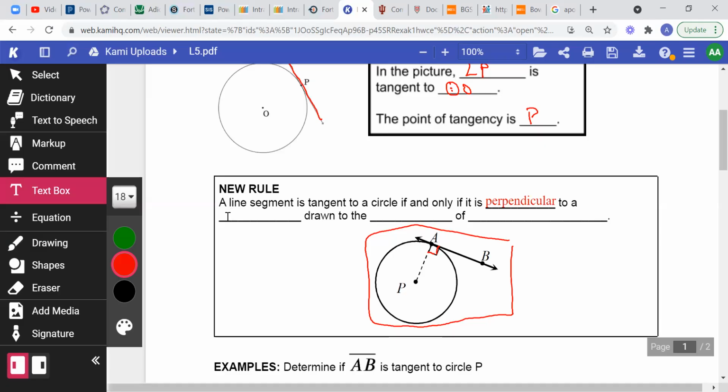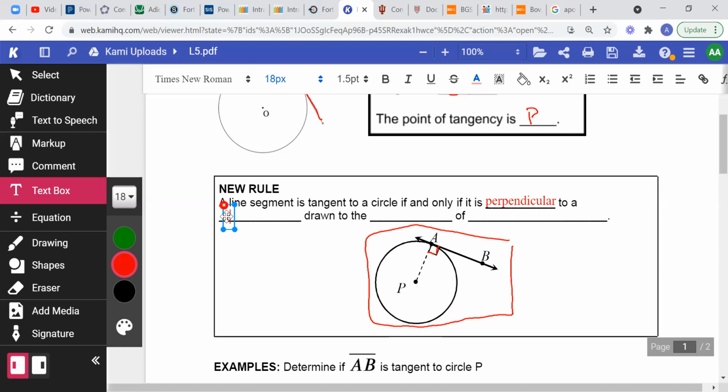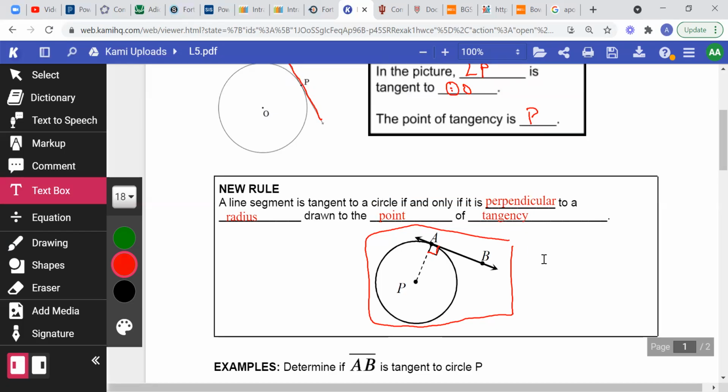Perpendicular to a radius drawn to the point of tangency, okay? So another definition here is that a line segment is tangent to a circle if and only if it's perpendicular to a radius drawn to the point of tangency, okay?